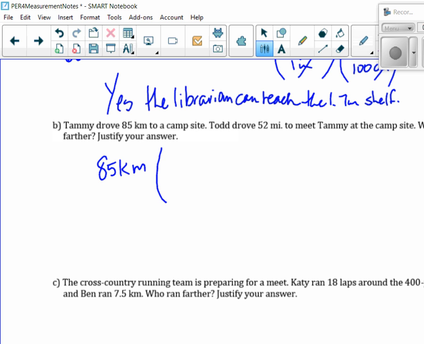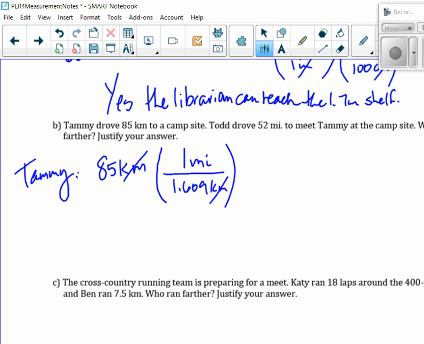So that conversion, so this is Tammy, is 85 kilometers, and 1 mile is 1.609 kilometers. The kilometers cancel, and this is going to be 85 divided by 1.609, and I get 52.828, and this would be miles.